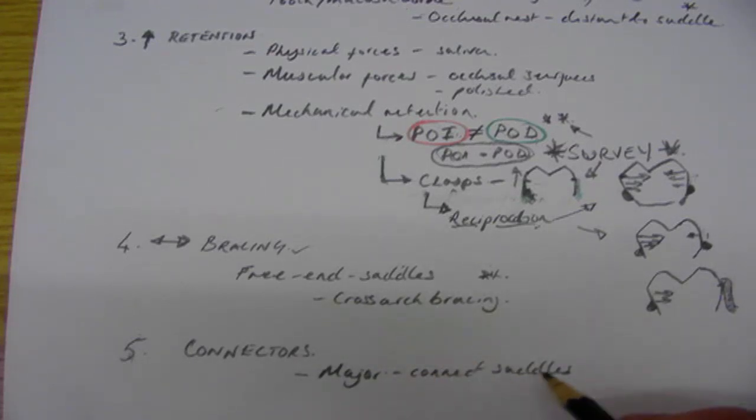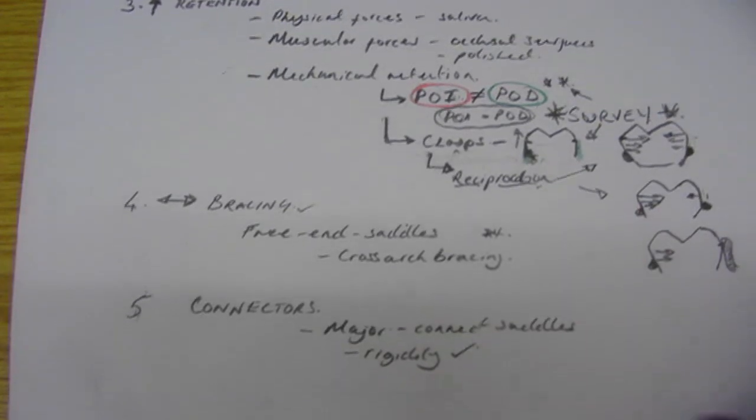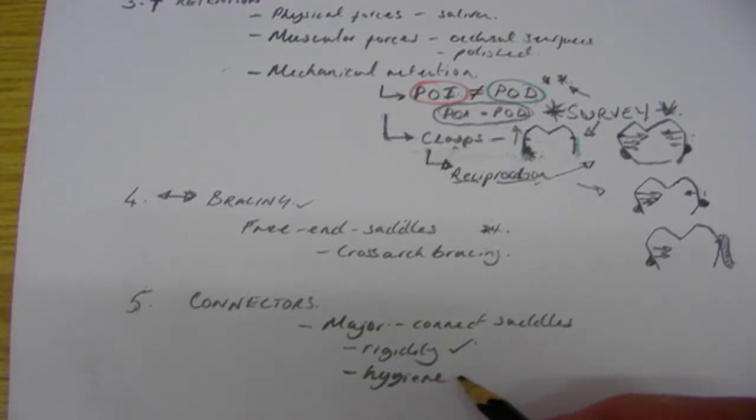And rigidity is one of the main criteria for a connector. We really want the connector to be nice and rigid and stop the denture flexing. And the other consideration when we're designing the connectors is hygiene, and we need to make sure that we're keeping the denture as hygienic as possible, so we keep the connector away from gingival margins wherever possible.